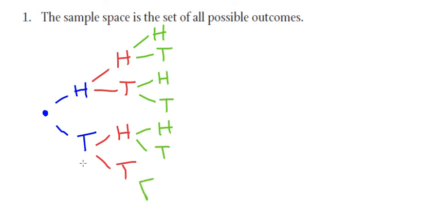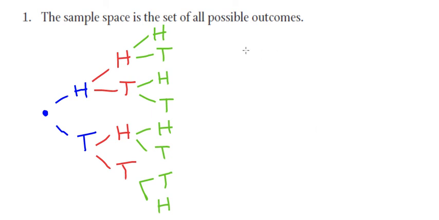Or my final options are a tails, then another tails, and then a heads, or tails, tails, tails. So by the time I flip that third coin, there are 1, 2, 3, 4, 5, 6, 7, 8 outcomes, 8 possible ways that this could happen.